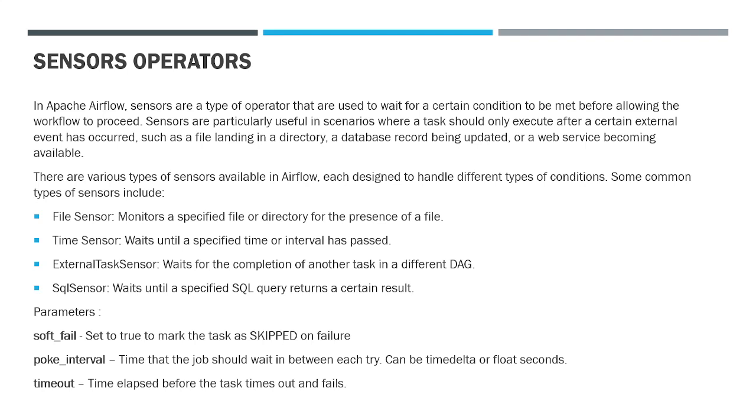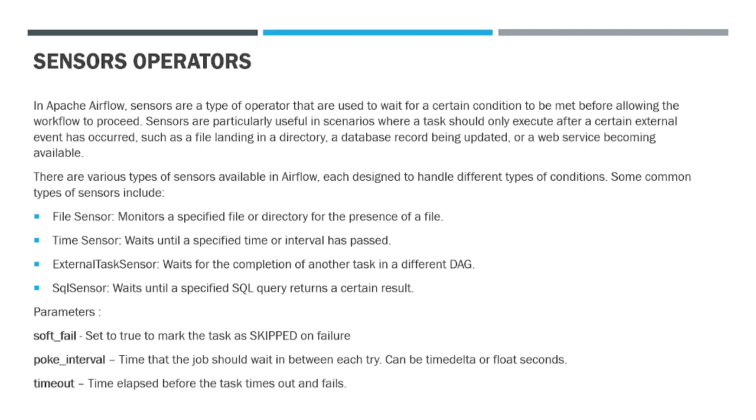First is the file sensor. What it does is check for the presence of a file in a particular directory. Then comes the time sensor. Here the next task will only run once the specific time period has passed. Then comes the external task sensor, where we are waiting for a particular task to run in a different DAG.